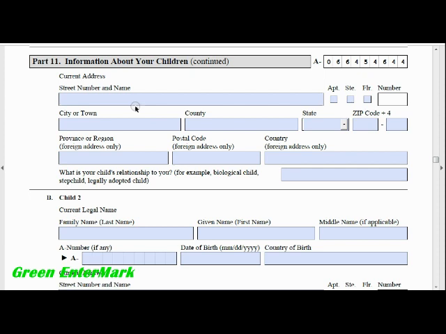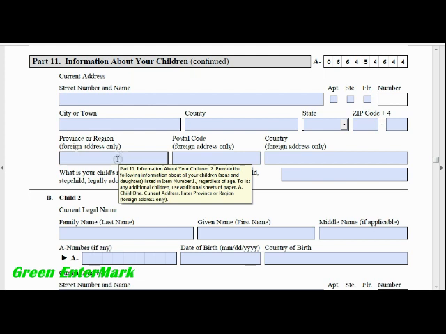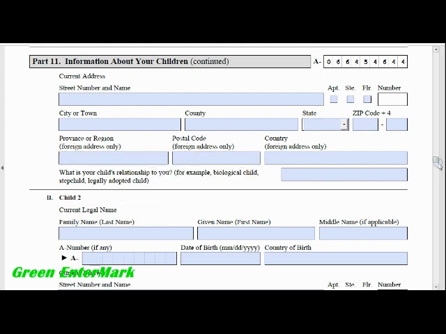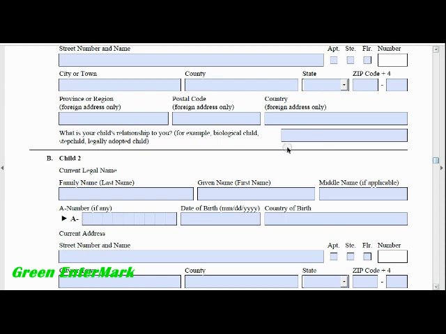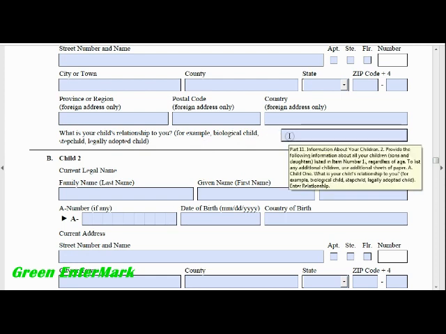You have to mention the address, and if the child is living outside the USA, you have to mention the foreign country address. Okay, and what is the relationship with you?